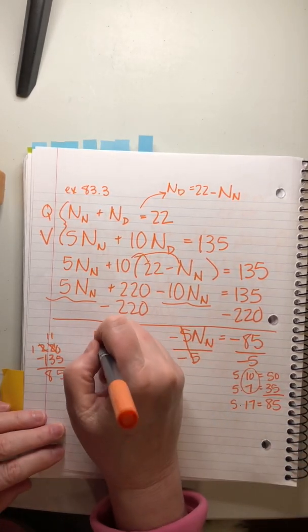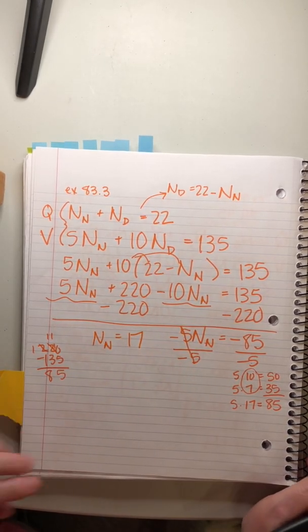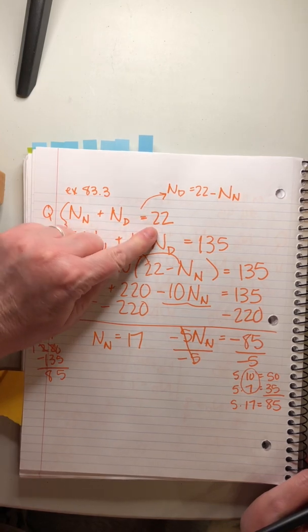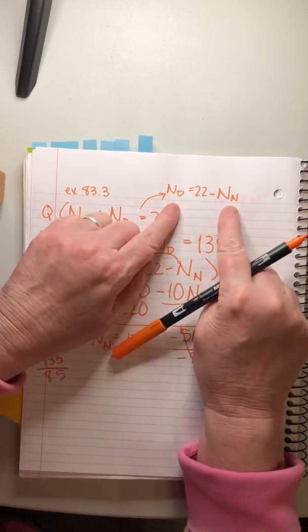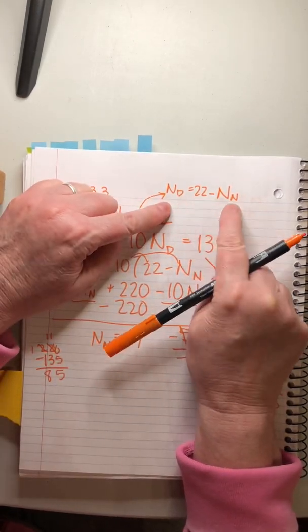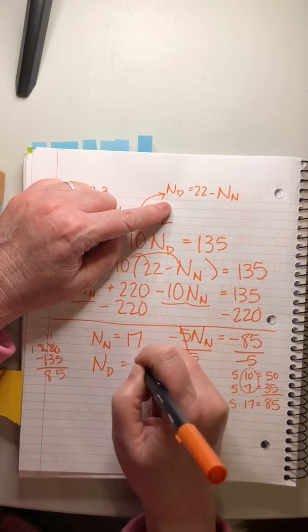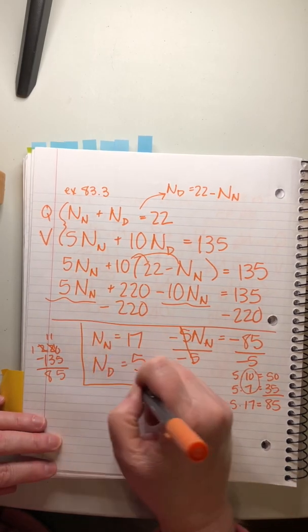So I get that the number of nickels equals 17. And then it has to add up to 22, right? I can think of it that way, or I can think of it this way: the number of dimes equals 22 minus 17. Either way, the number of dimes must be 5. And guess what? That's the right answer. Good thing, right?